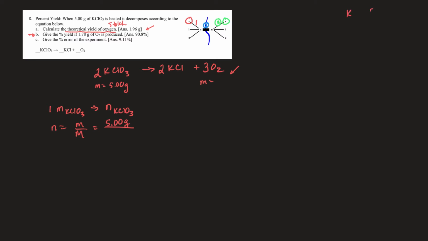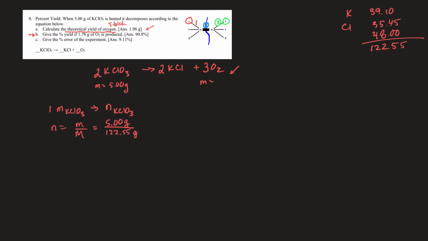So potassium's 39.10, chlorine's 35.45, and 3 oxygens would be 48, I think. So you add that together. Let me just check my answer key to see if I'm right. 122.55, yep.